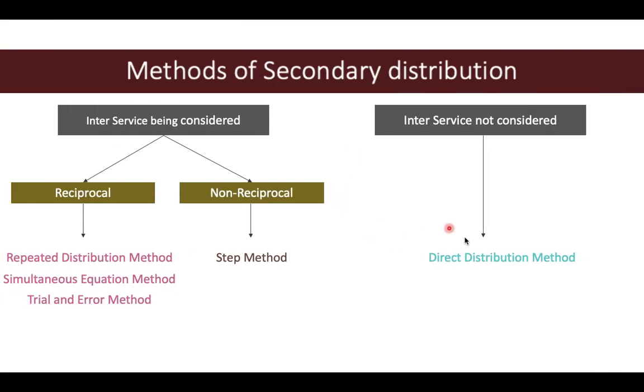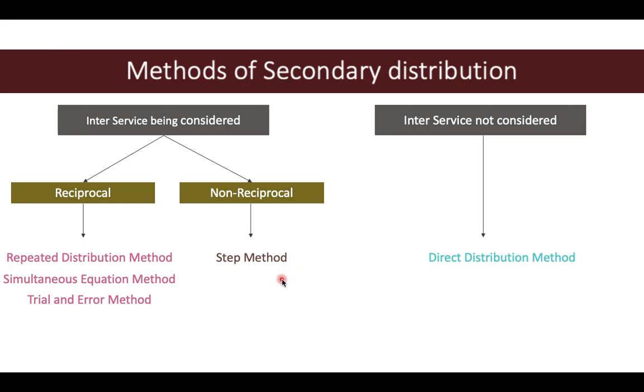So we have seen all the methods. First one is direct distribution method. When there is no inter-service, at that time you can go for a direct distribution method. When service department is not doing service to any other service department, we can use this direct distribution method. Then we have seen step method.